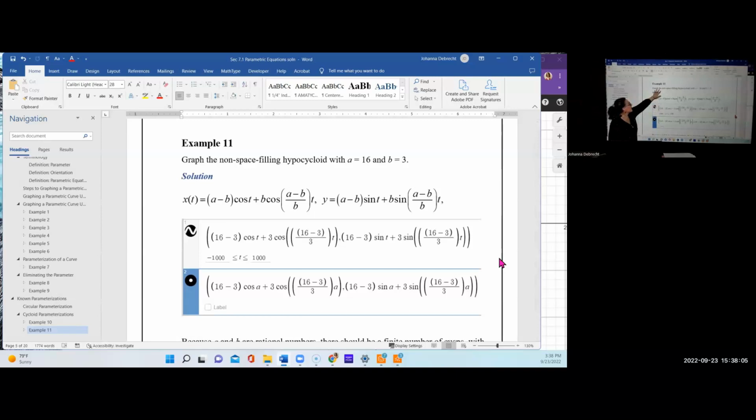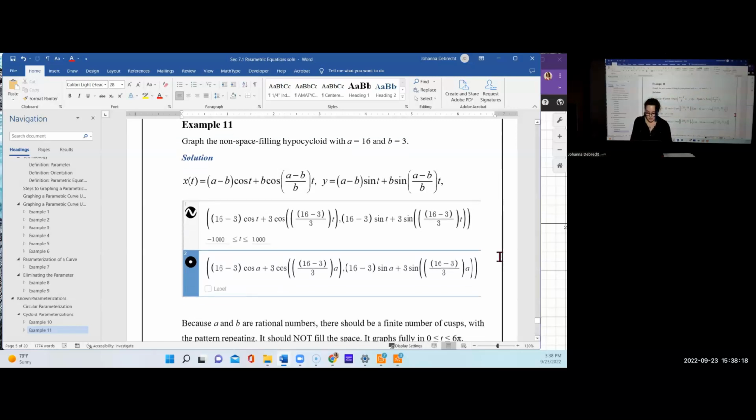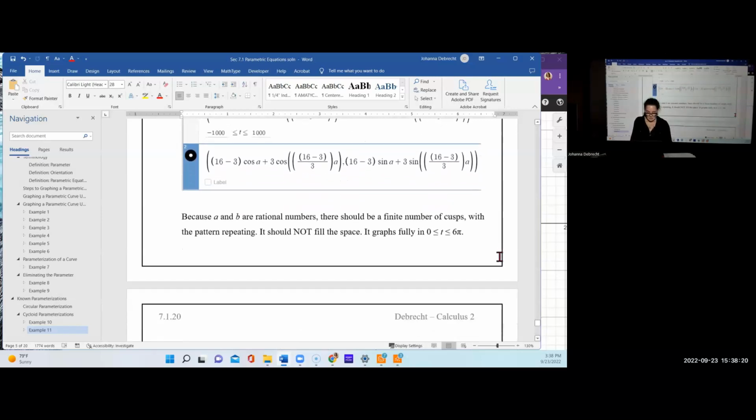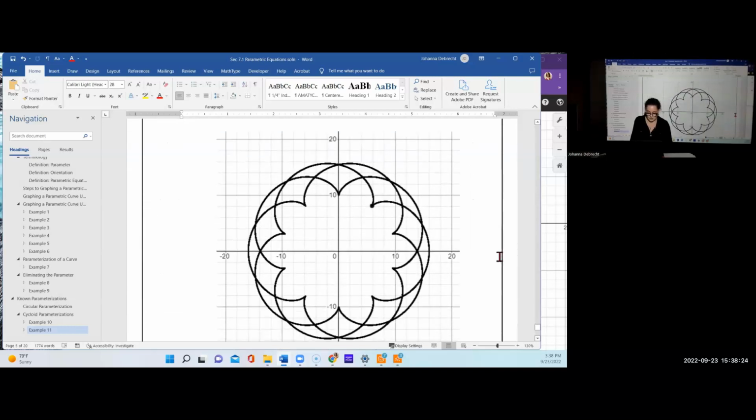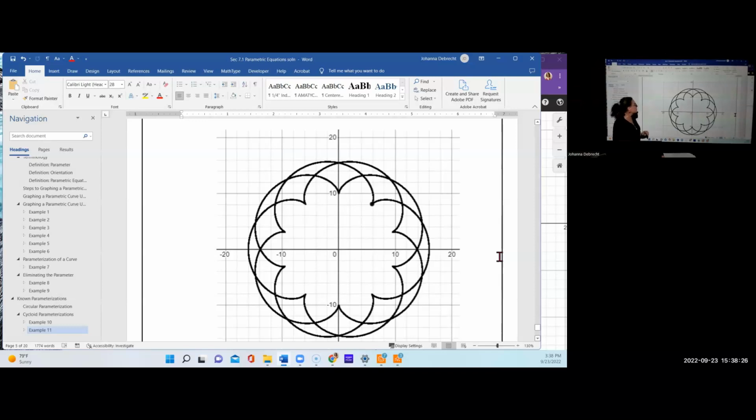Looking at this one, we have example 11, which is graphing a non-space filling hypocycloid where A is 16 and B is 3. So the ratio is 16 over 3. So we know that it should repeat the pattern. Now, sometimes Desmos has a little trouble with it, but we can see right here that it's basically producing this shape right here.